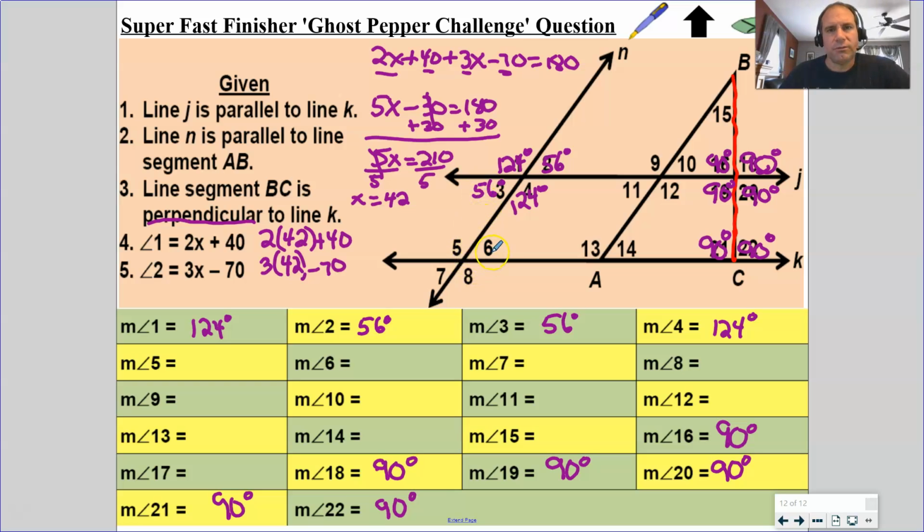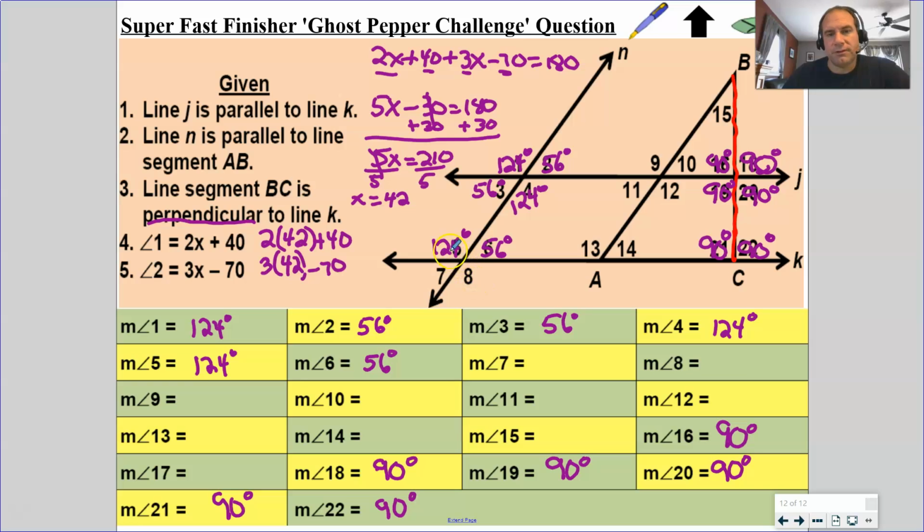If you said alternate interior angles, you're correct. So angle 6 is also 56 degrees. Angle 4 and angle 5 are also alternate interior angles, so that means angle 5 has to be equal to 124 degrees, so I'm going to put that down as well.